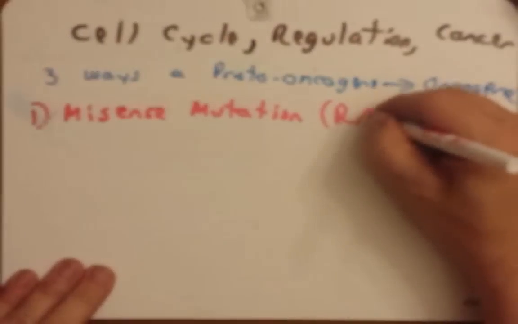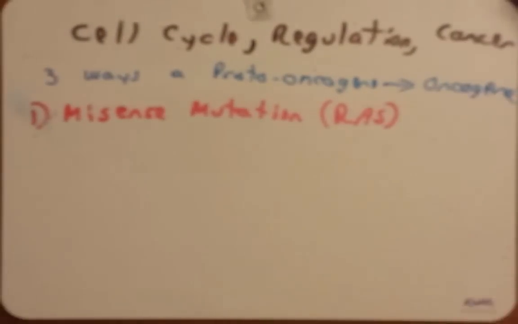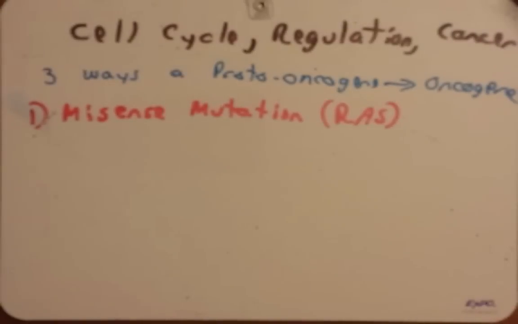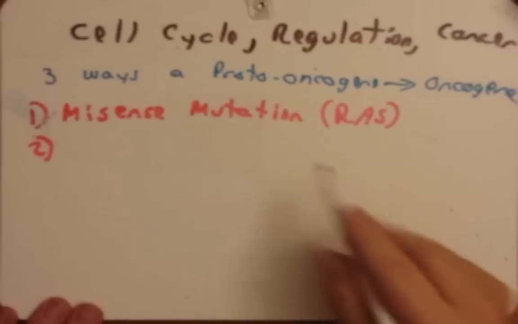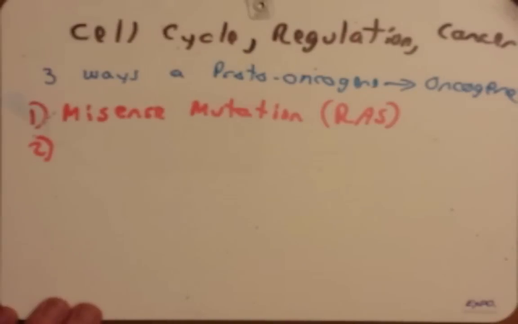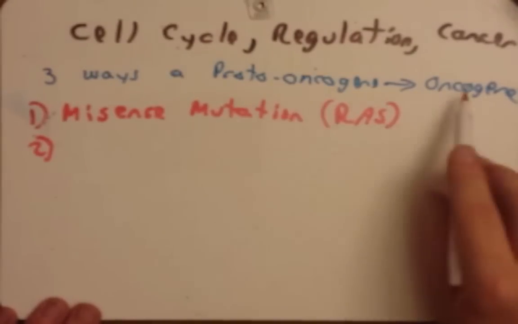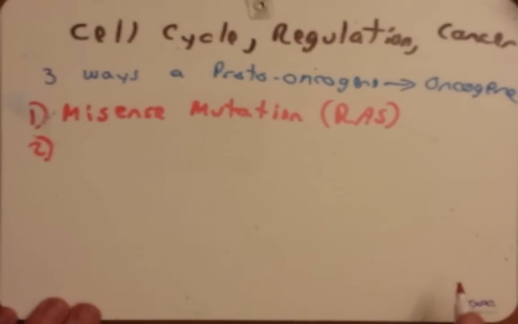And our last example of RAS is a perfect example. How a single amino acid change on RAS allows it to always be able to bind GTP and always be active. So just changing that protein structure a little can lead to an appropriate change that allows that proto-oncogene to be converted into an oncogene.